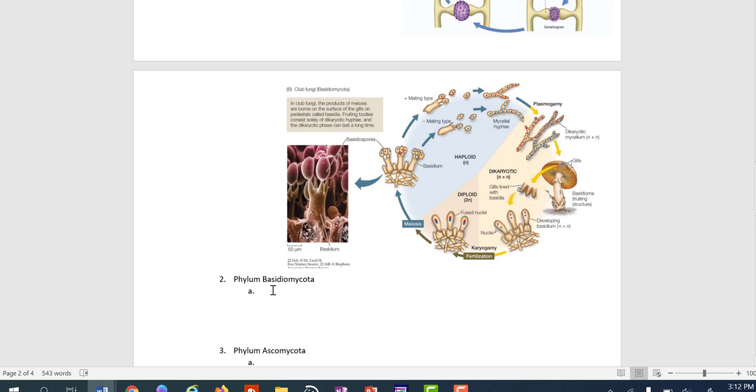This is the classic group that you think of when you think of a mushroom, right? They're the classic mushroom that you buy in the grocery store to eat, and the term basidio refers to club-like fungi. Their reproductive structure is a basidiospore.